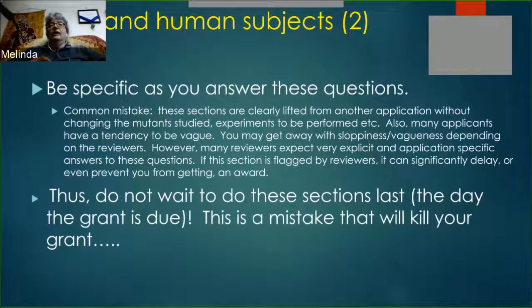Also, again, don't be sloppy or vague. This is a really big problem where people wait to do these sections at the last minute. And they're like, oh yeah, animal section, yes, I will lift it from my previous grant. Of the times that I have done grant review, you might get 10 or 11 grants to review.